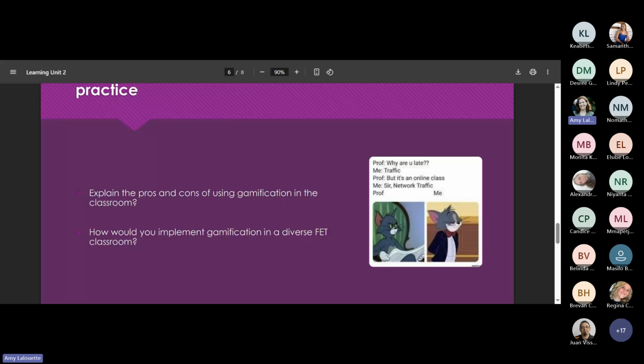So it can be very tempting to put lots of gamification into your class because the learners enjoy it. They're engaged, which is good. But you have to think very carefully about what games you are playing. Are these games actually teaching the learners something?